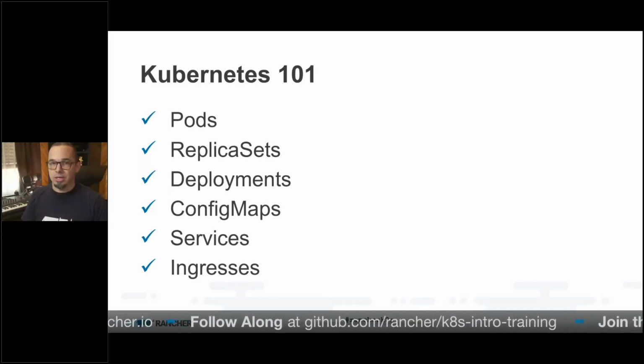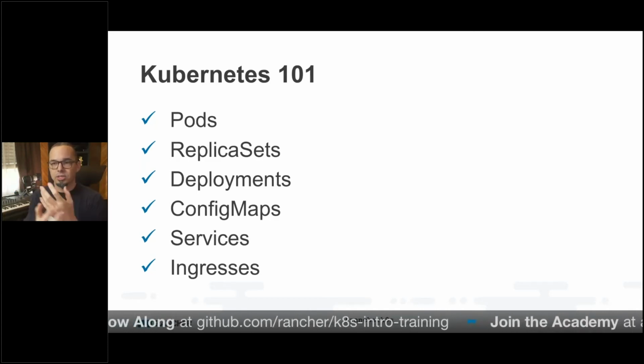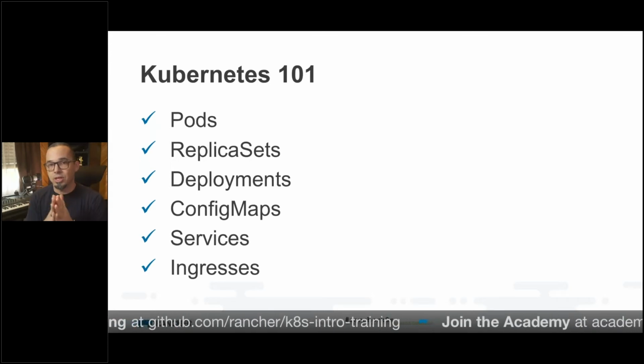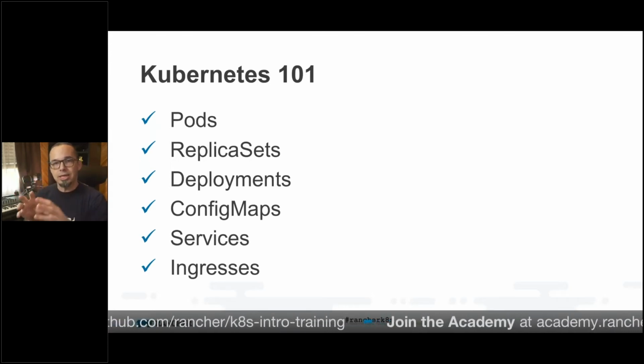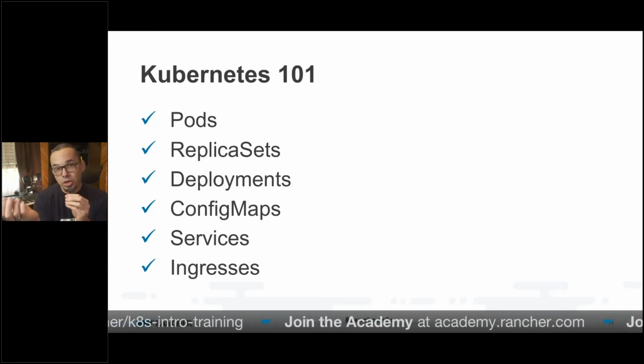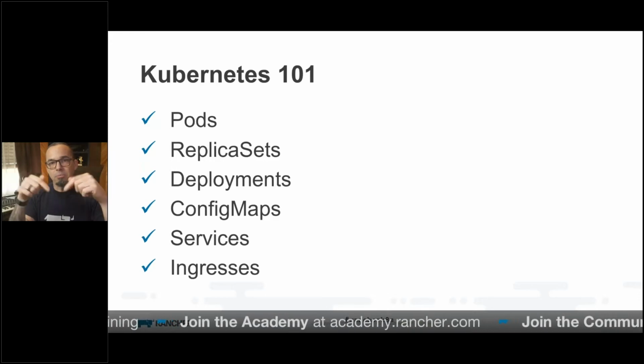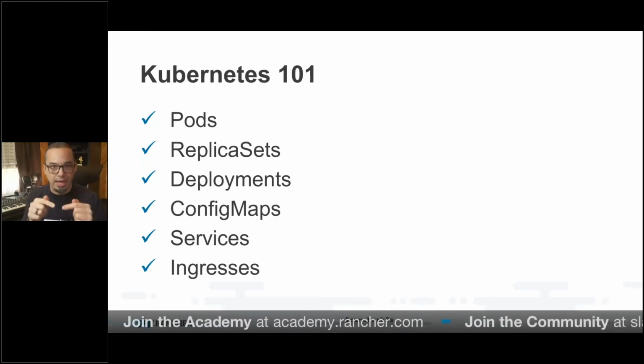There are other things. There's persistent storage. There's lots of other stuff that goes on, secrets and things like that, that we don't cover in today's class. But once you understand these components, you'll be able to learn about stateful sets or learn about persistent volumes or learn about secrets, because they all come back to what you're learning here today.